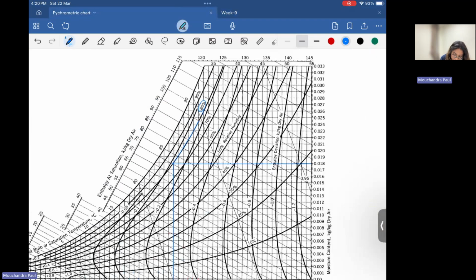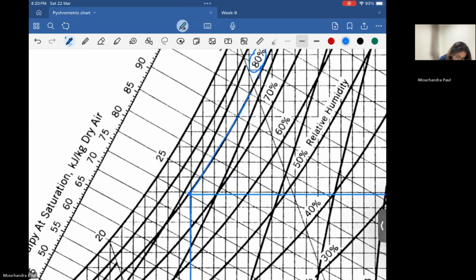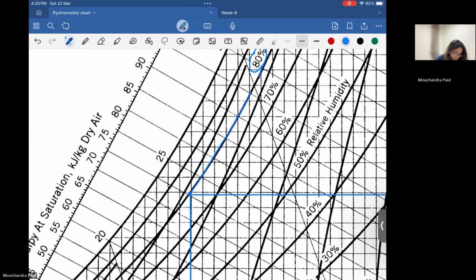What's the enthalpy at this condition? Close to 73.